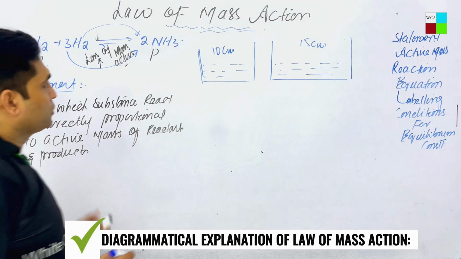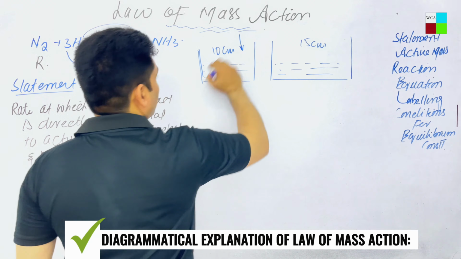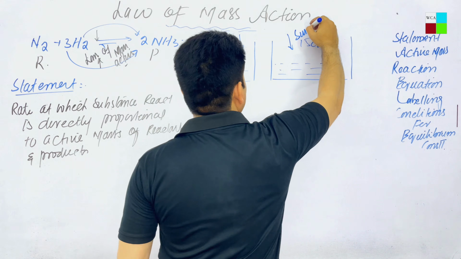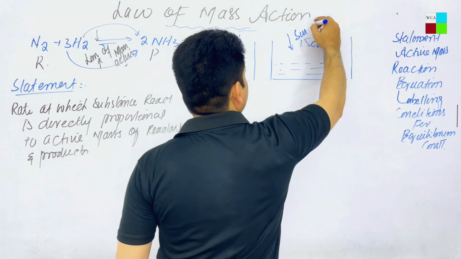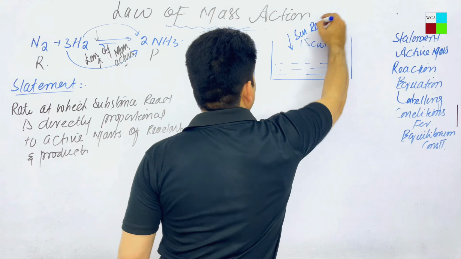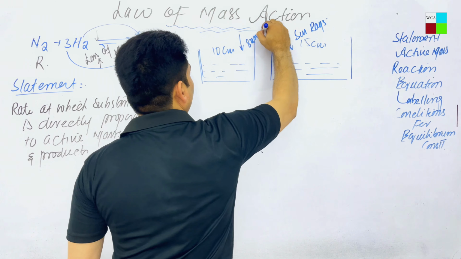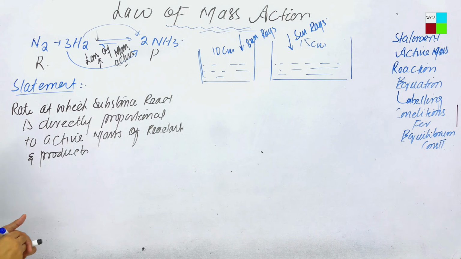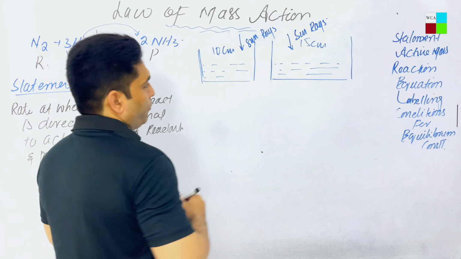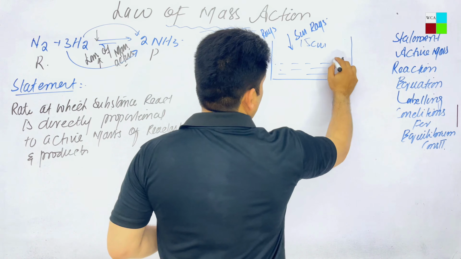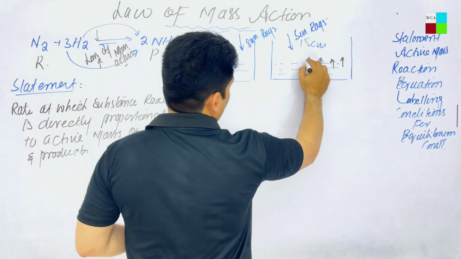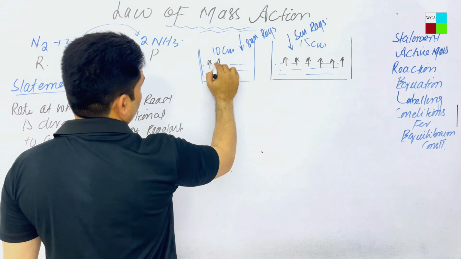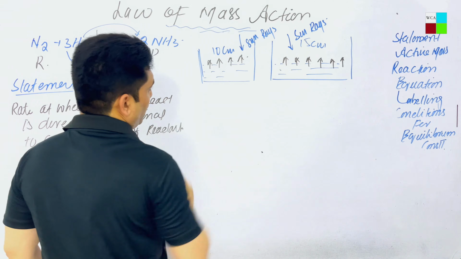Now if both are placed in the open atmosphere, completely receiving sun rays, from which beaker will most of the particles evaporate? For example, here we have 3 or 4 particles.